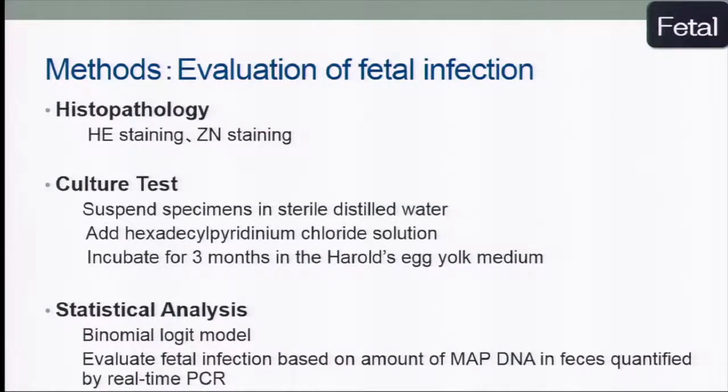To evaluate fetal infection, first, histopathological examination was done using the same method as described with the previous slides. In the culture test, we suspended specimens in sterile distilled water, added hexadecylpyridinium chloride solution, then incubated in Herrold's egg yolk medium for 3 months.